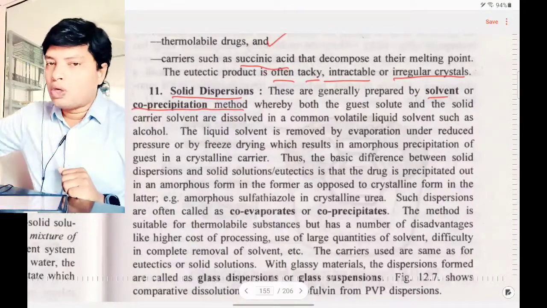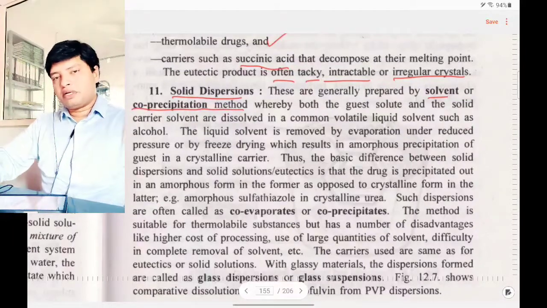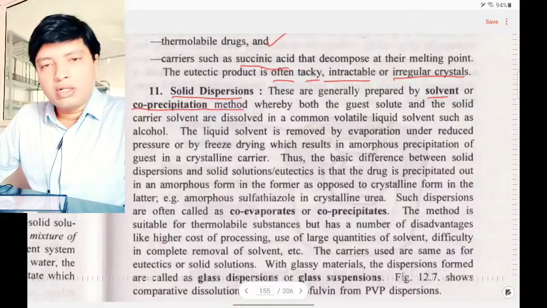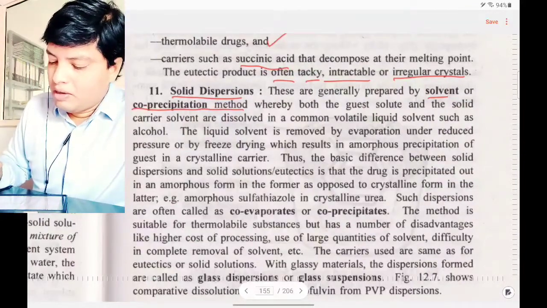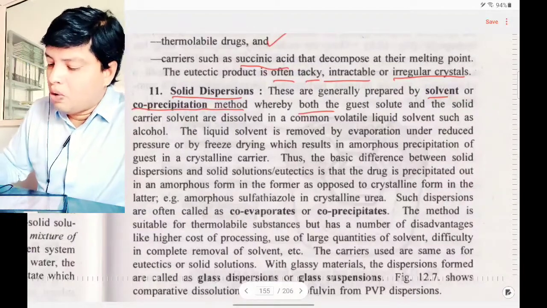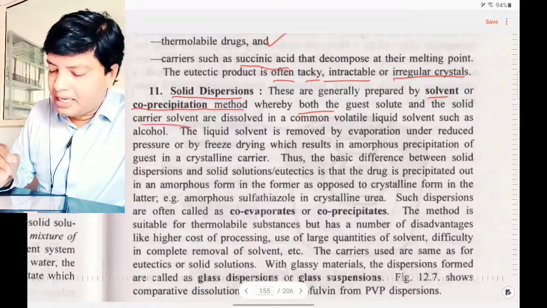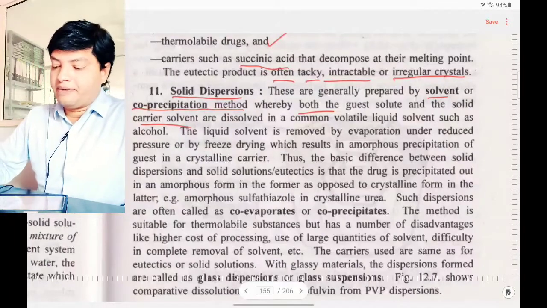So your drug is dispersed in the dispersion medium of the carrier. Hence we call that solid dispersion. Here the host molecule acts as a carrier and the guest molecule is incorporated into that carrier.